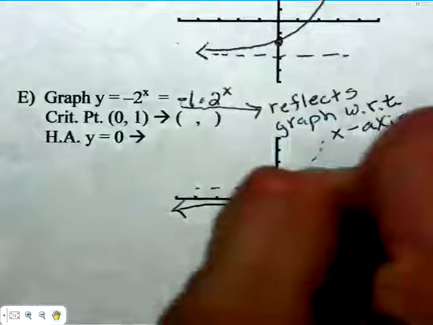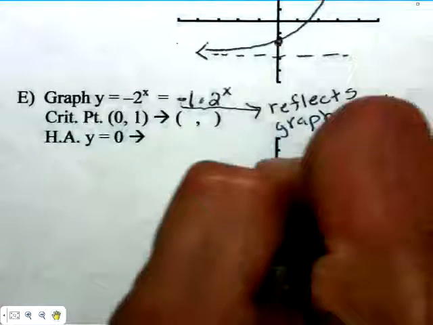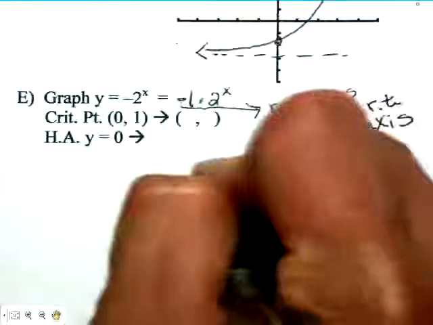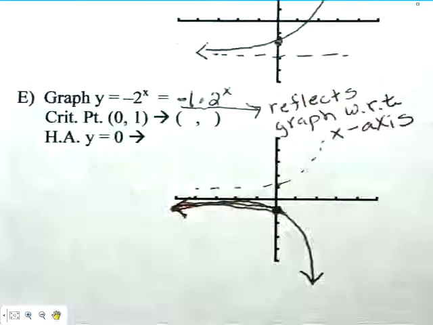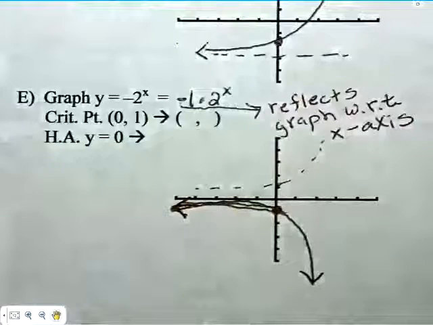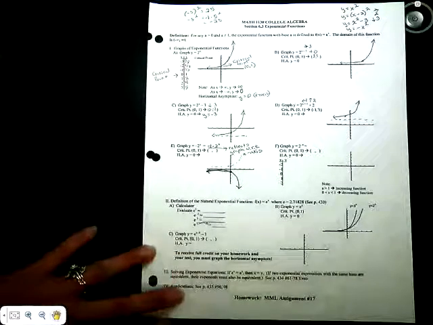It's a nice smooth graph approaching the x-axis, but from below, rather. Oh, that's just getting worse. Now it looks good. All right. Looks good to me.